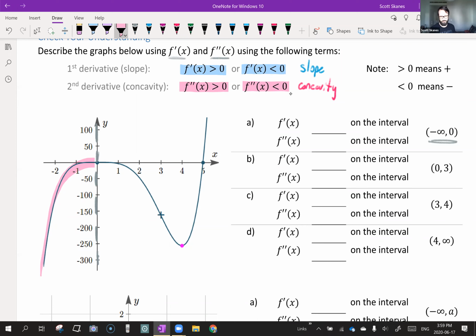Just the slope. Negative. Try again. The slope is positive, because if you draw lines on this curve right now, that would be a positive slope, positive slope, positive slope. It's all positive slope. You see what I'm saying?